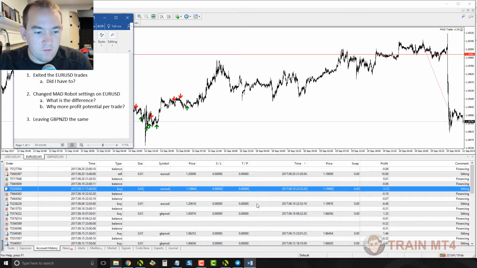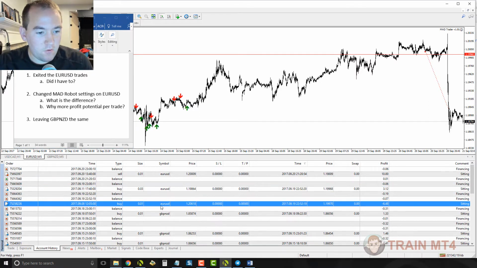Now, these are the trades that I exited right here. There's a Euro US dollar trade that was placed on the 8th of September, which was 12 days ago, and 11 days prior to this.